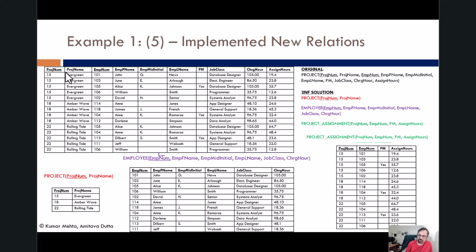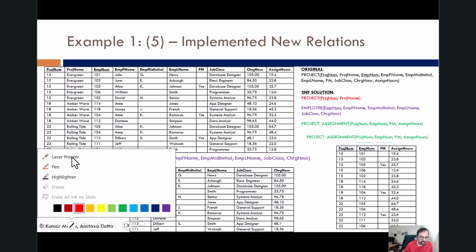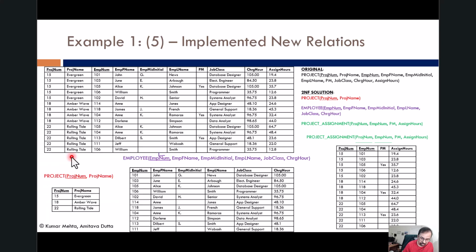So let's go back to the example where we left off with second normal form. When we were discussing second normal form, we started with an employee project table. That was in first normal form, and we had a little discussion of why this table is not okay. It has anomalies: insert, update, and delete anomalies.